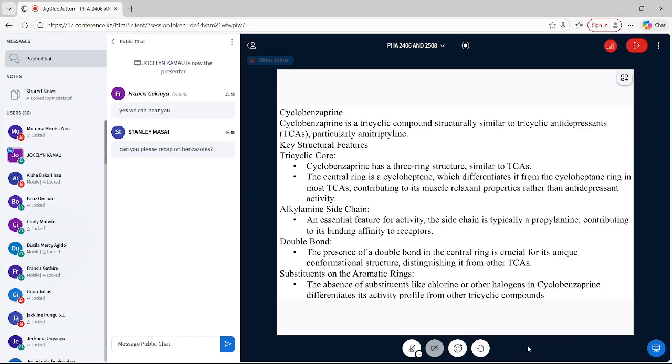And that added unsaturation in this compound allows it to form the conformation, as I have said again, which allows it to sit on the receptor. In terms of carbon atoms, a 3-carbon atom chain is necessary, with a protonable nitrogen and CNS. Substituents on the aromatic ring: you find none. The absence of them differentiates its activity profile from other tricyclic compounds.